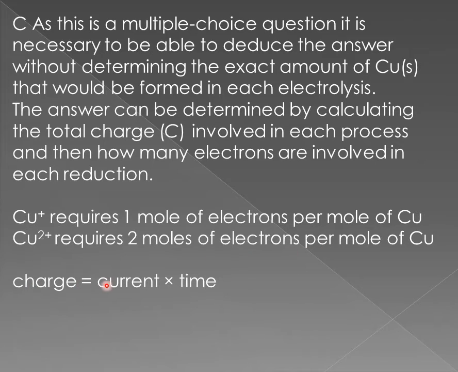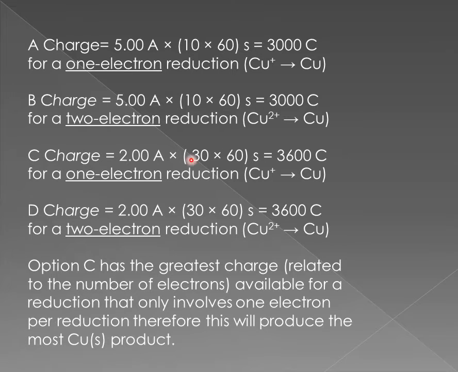Charge equals current times time, and time must be in seconds. So here charge equals 5 ampere times 10 times 60 to convert the minutes into seconds, equals 3000 C for a 1 electron reduction. And the same for a 2 electron reduction.